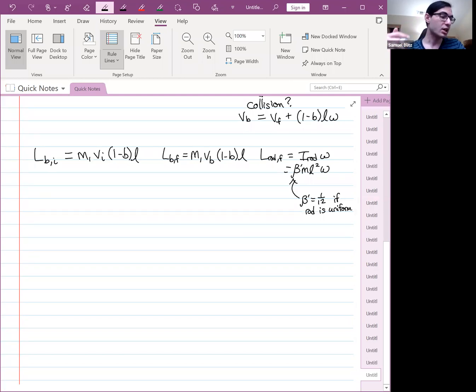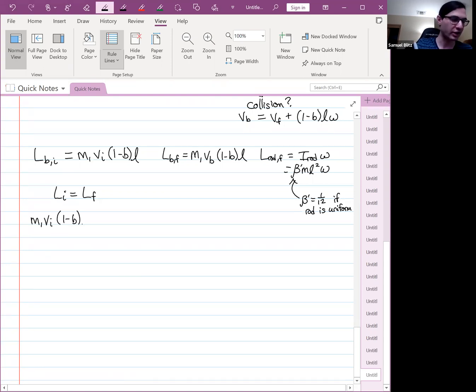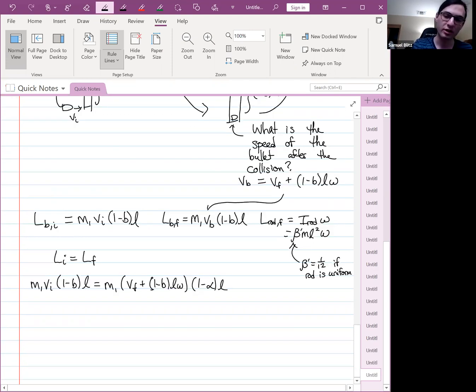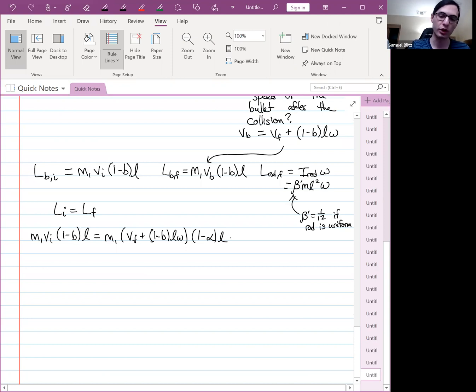Okay. So then, if we set the initial angular momentum equal to the final angular momentum, we get the following equation. We get m1 vi (1 minus b) L equals m1 times [vf plus (1 minus b) L omega] times (1 minus b) L. So what I did is I substituted in vb into our equation for the final angular momentum of the bullet.